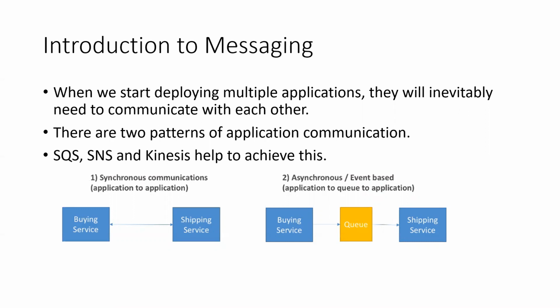So the asynchronous or event-based communication mechanism is the preferable way, because there you have a queue system where your messages are stored and then processed accordingly. If something fails, you can track via the queue what happened, or control the messages wherever they are stored.